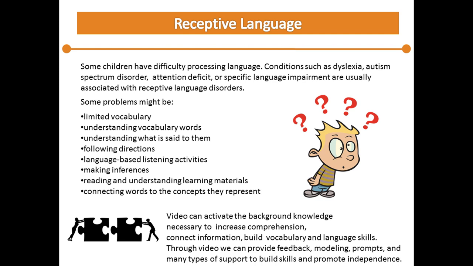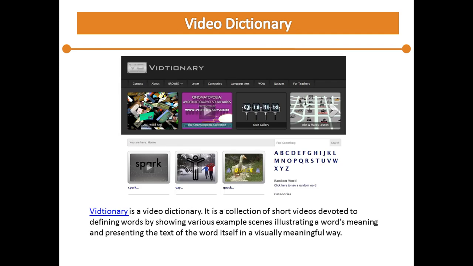One, I'm going to share my computer screen now, and we will explore an online tool called Dictionary, which is a video dictionary. It's a collection of short videos that you can use to see what a word really means, because the video helps understanding different concepts.